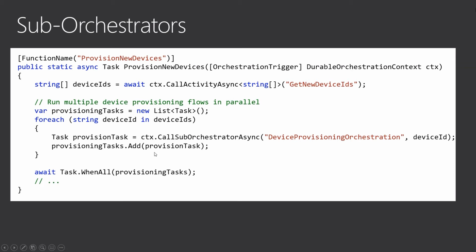So what you're seeing here is the fan out, fan in pattern, but with another orchestrator that may have its own pattern on its own. This is powerful stuff because you can have a team working on this device provisioning orchestration flow and have another team working on the provision new devices and tweaking those things that it has to do.